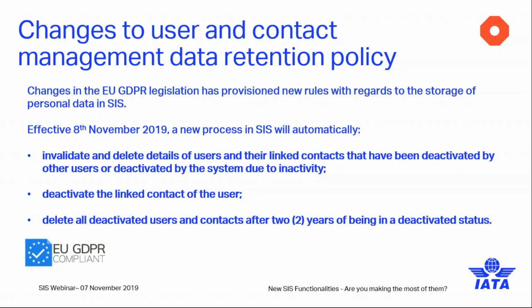So please be mindful of these 3 points. Just to repeat the last one: all users and contacts that have been deactivated will be deleted after 2 years of deactivation.